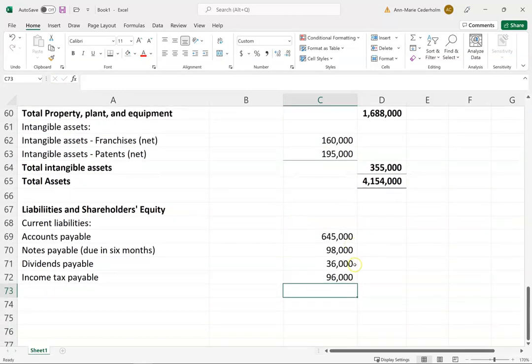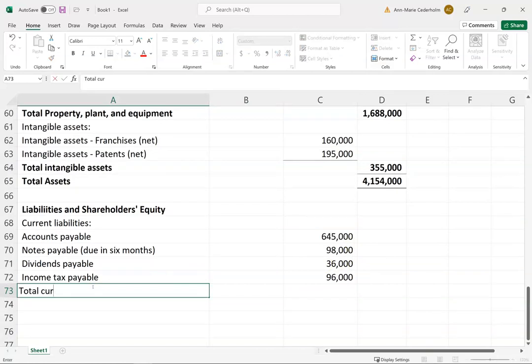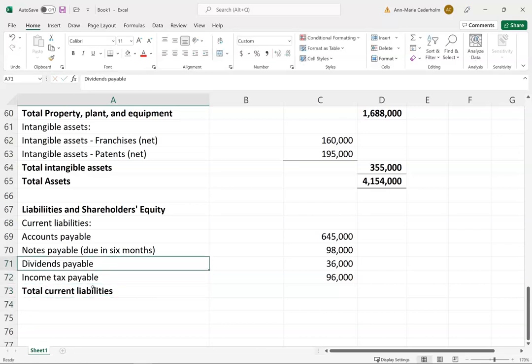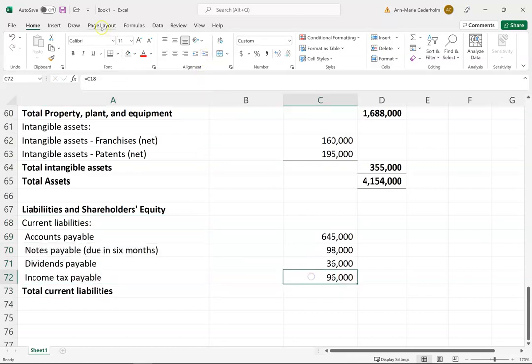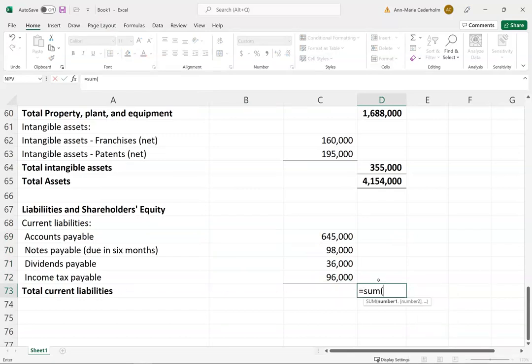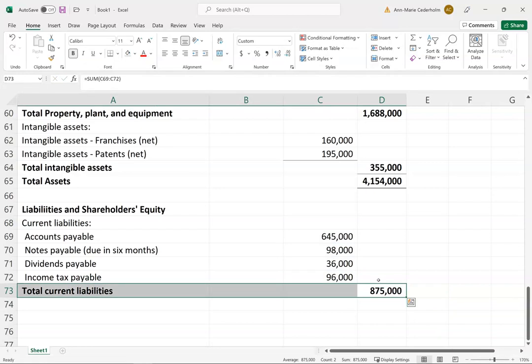Okay, so I have 36, 96, and then I can go total current liabilities. I just want to indent those ones. Okay, so that's my total for my current liabilities.